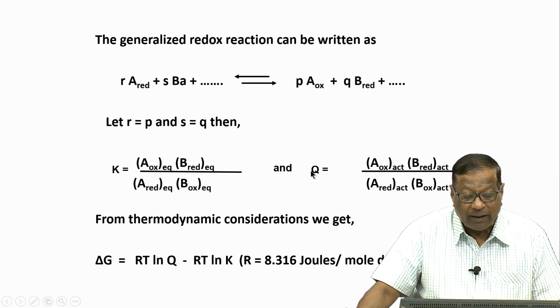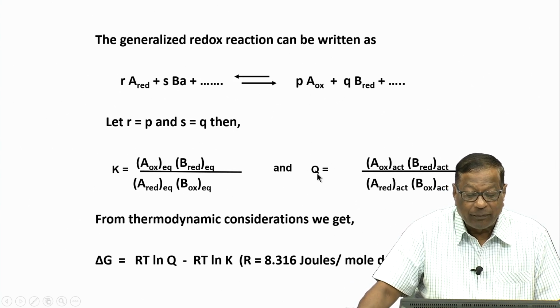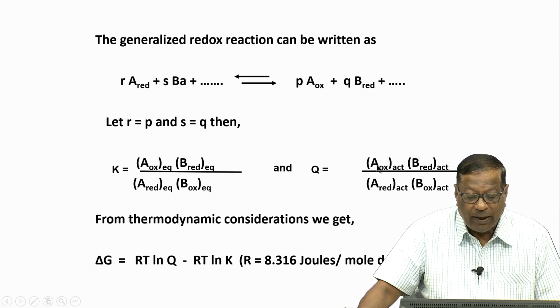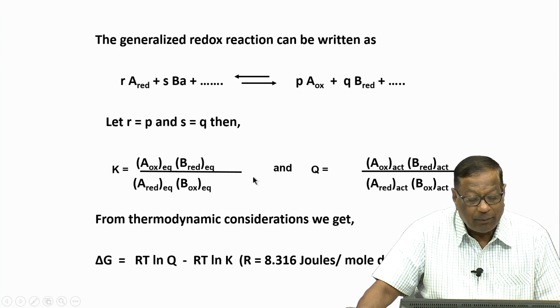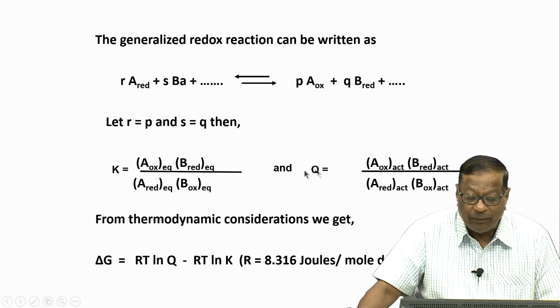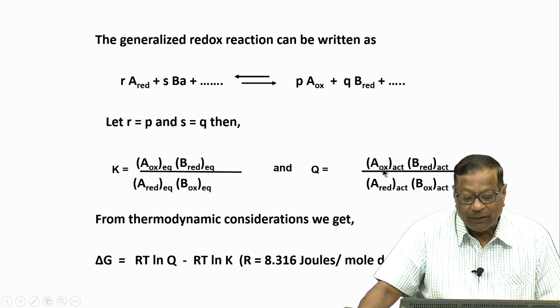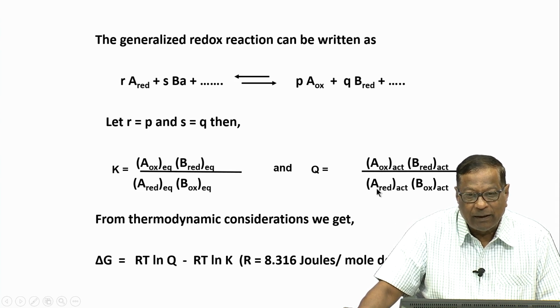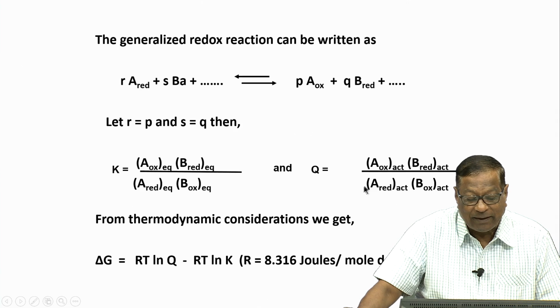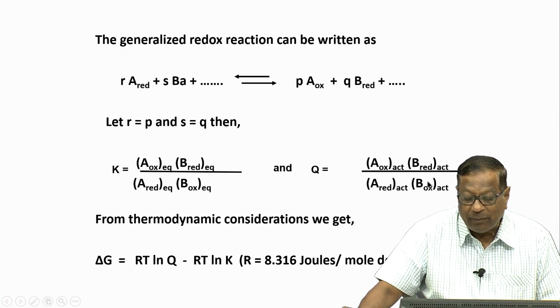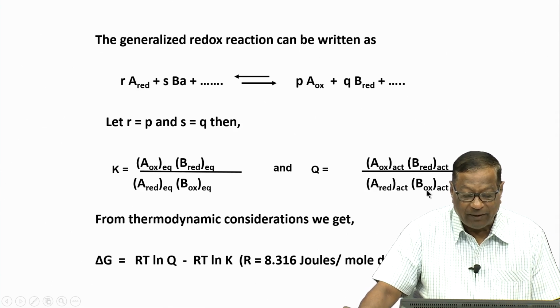But I can also write a thermodynamic expression, that is Q is equal to A oxidant, the same equation basically, but instead of writing equilibrium concentrations, I am writing activities. Okay, activity of A oxidant and activity of the species B as reduced species, divided by activity of A species as a reductant, that is a reactant here, and activity of B as oxidant.